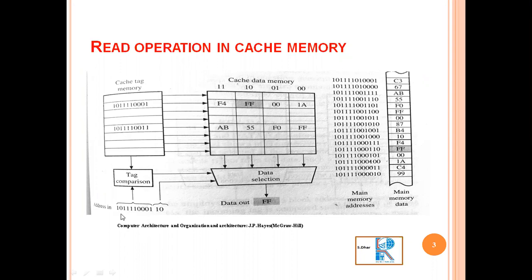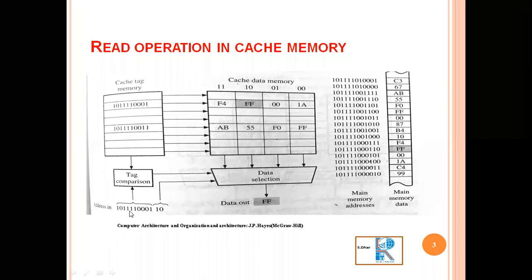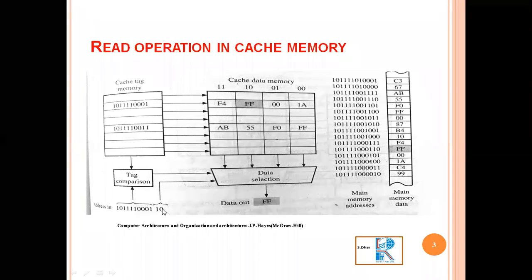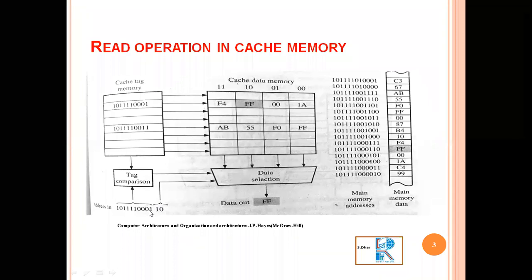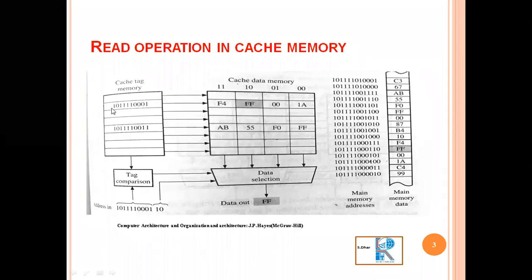Suppose this address is generated, it will check the whole tag memory, whether this particular tag is present, to check whether the data is present in the cache memory or not. Suppose it compares with this tag. See, this tag is equivalent to this tag, 1011100001.